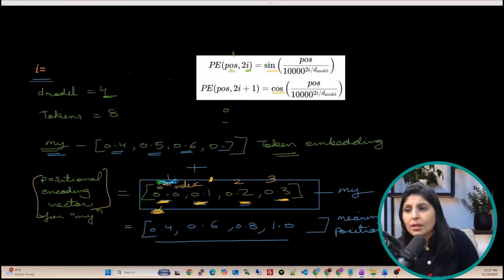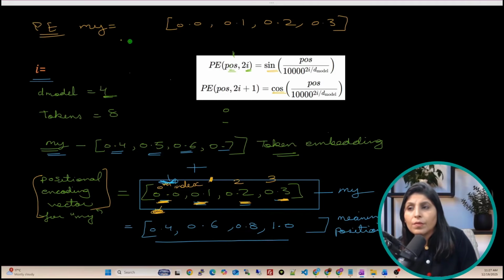So let's write this positional embedding vector over here, to make you understand. The first value is 0.0, the second value is 0.1, and then we have 0.2, and then we have 0.3. These are the positional encoding vector values we want to create for my token, to tell the position of my token.